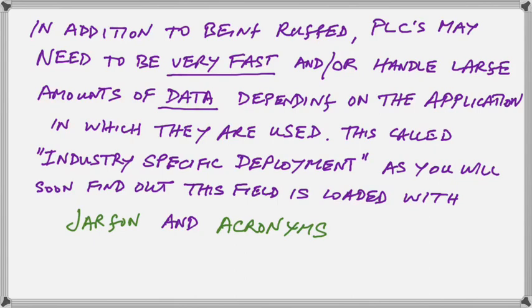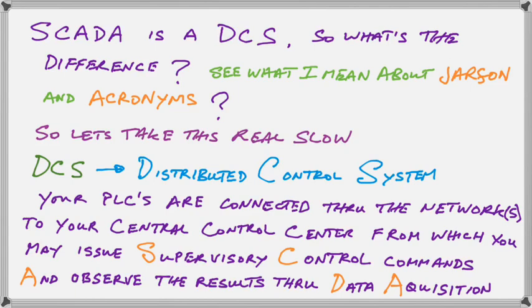This leads to a lot of jargon and acronyms. The field of automation technology, perhaps more so than other electronics fields, is beset with a lot of jargon and acronyms which you need to understand if you're involved with automation technology.